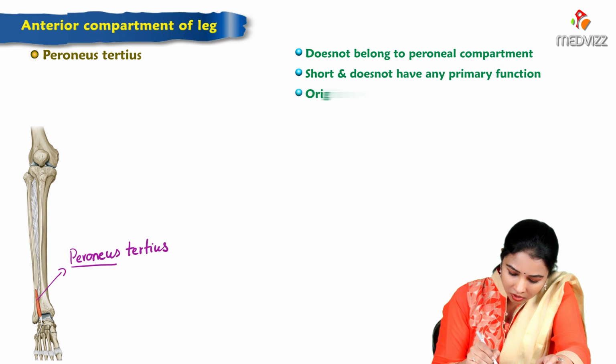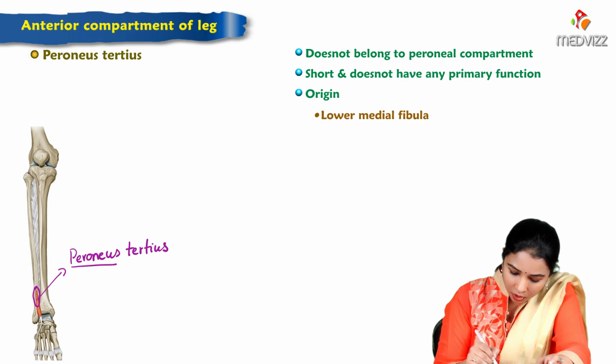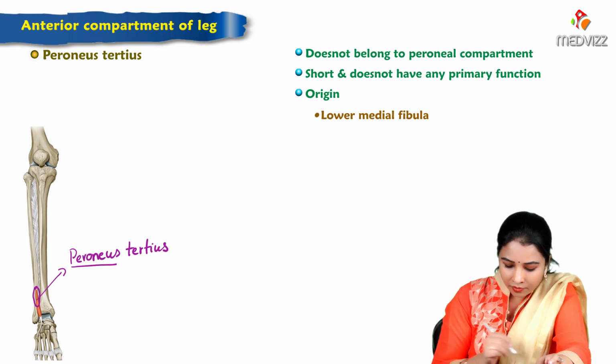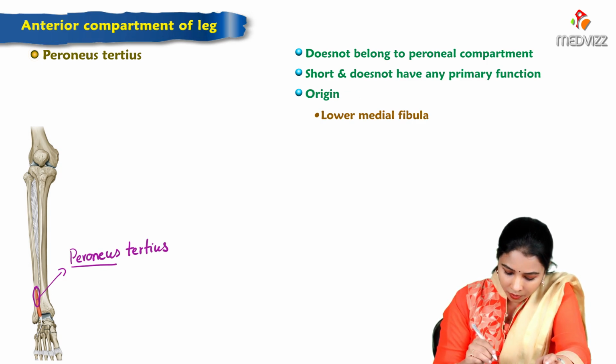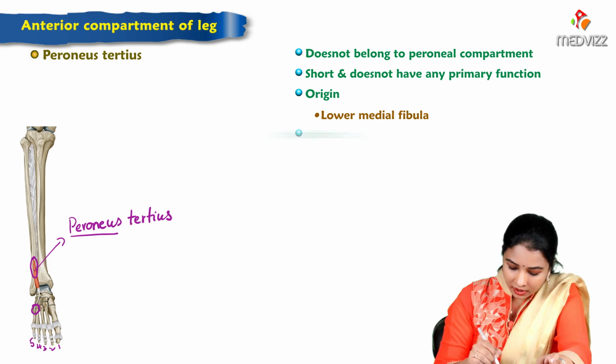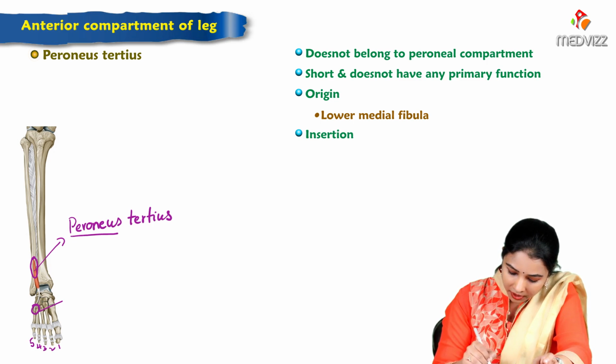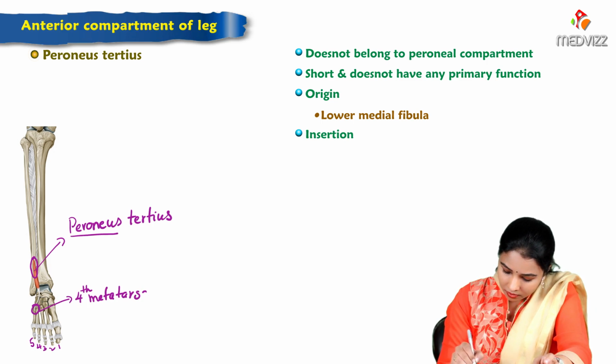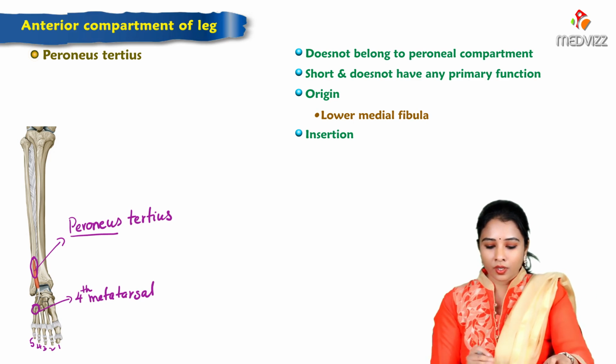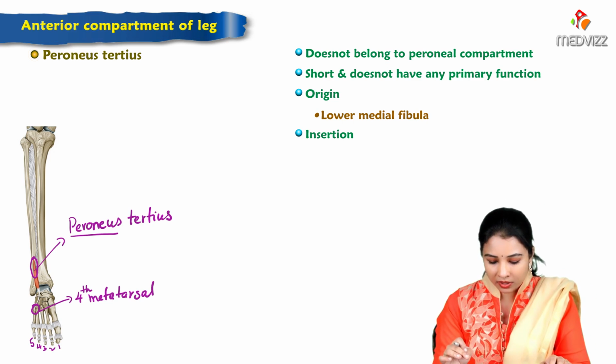You can see it gets origin from the medial side of the fibula, in the lower part of the shaft of the medial side of the fibula. And we can see here it gets inserted to the base of the 4th metatarsal. So that is the attachment of Peroneus Tertius muscle.